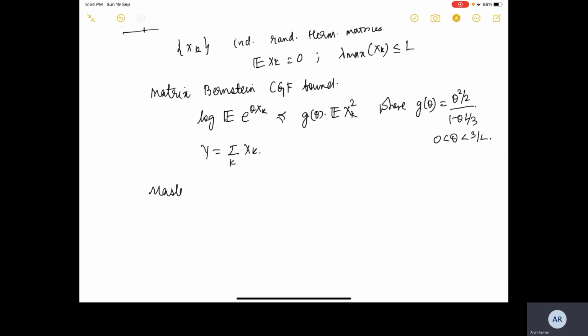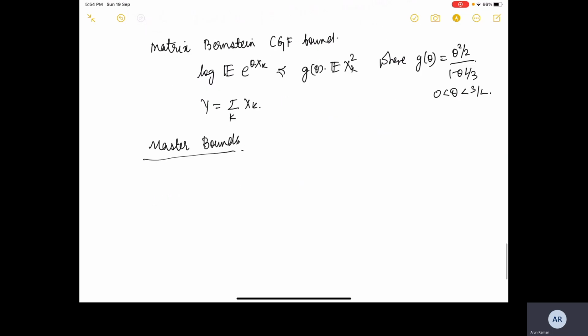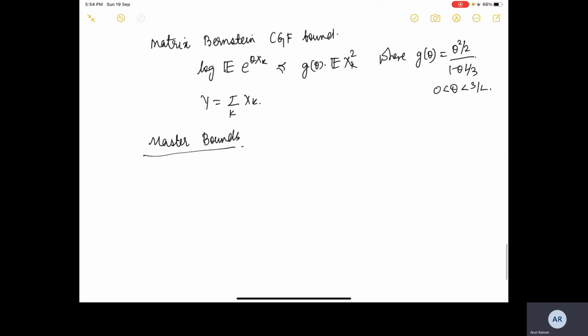That is why I did not want to discuss the same things again, but maybe discussing it again will help in understanding it. So expected value of lambda max of Y. These master bounds we proved in the second lecture of the matrix concentration inequalities.